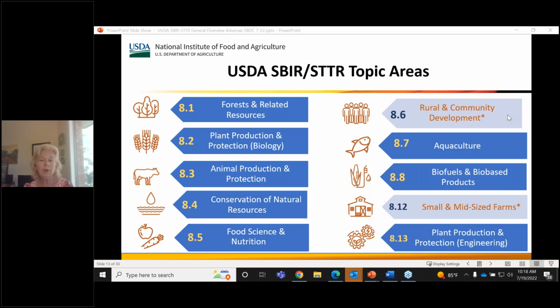But for phase 1, the award amount is a little lower, and that is because for these 2, 8.6 and 8.12, you're not required to have a completely new innovation. You can apply off-the-shelf technology in an innovative way for these 2 topic areas. So they're a little different in that aspect, and therefore the phase 1 award amount is a little bit smaller. But again, the phase 2 is the same.